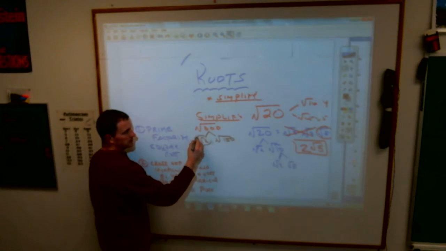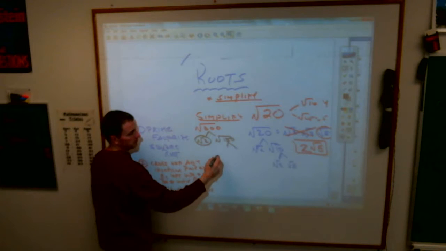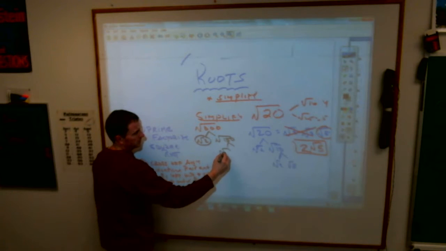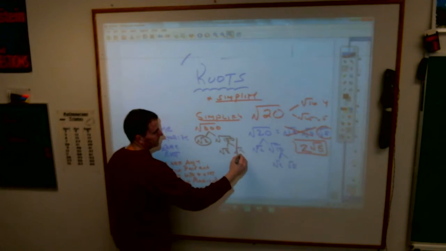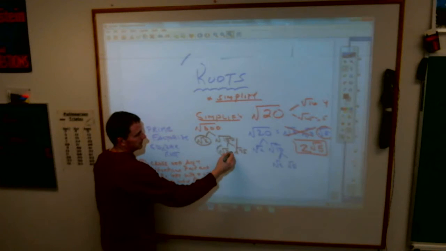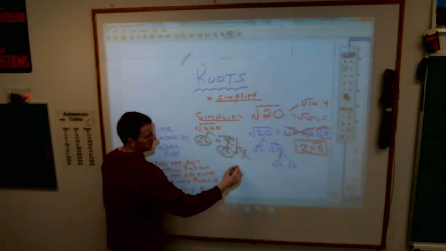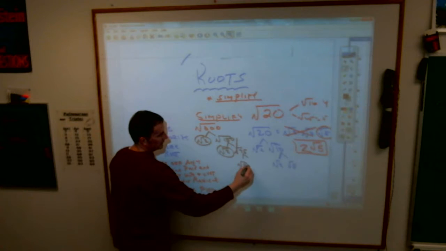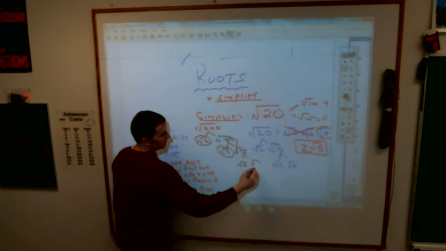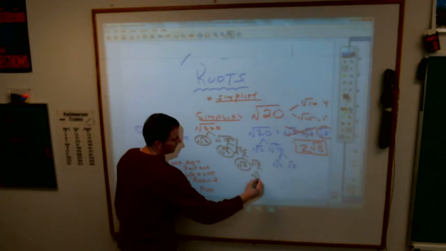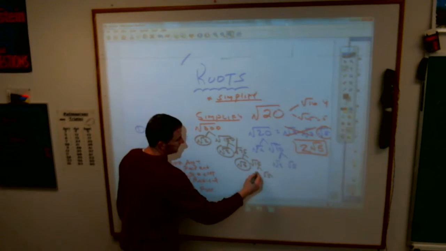Square root of 2 stays because it's prime, but 150 can be broken down into the square root of 2 times the square root of 75. Square root of 75 can be broken down into the square root of 5 times the square root of 15. Square root of 5 can stop, but the square root of 15 breaks down into the square root of 3 times the square root of 5.